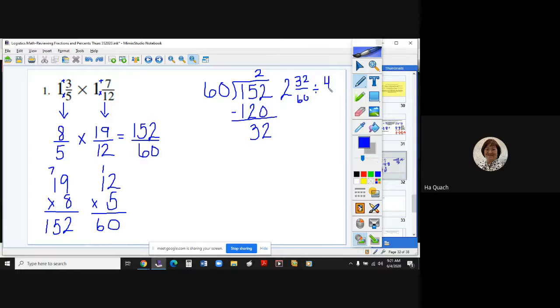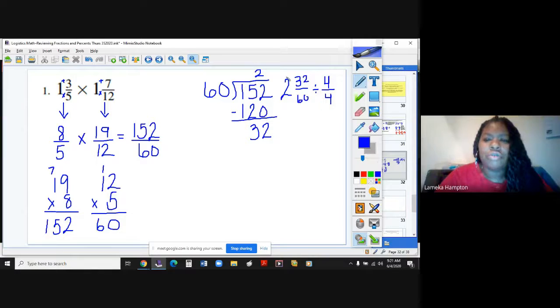Okay, so remember, we are not focused on the whole number. So we do not include the whole number in this. We are only working with the fraction. And so when I do this, I have 4 goes into 32. That gives me 8. And then I have 4 goes into 60 15 times.